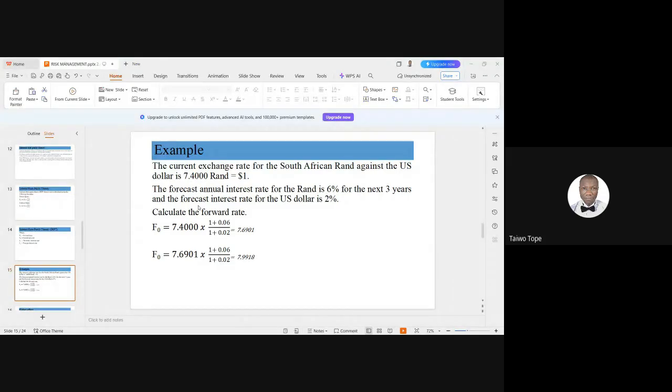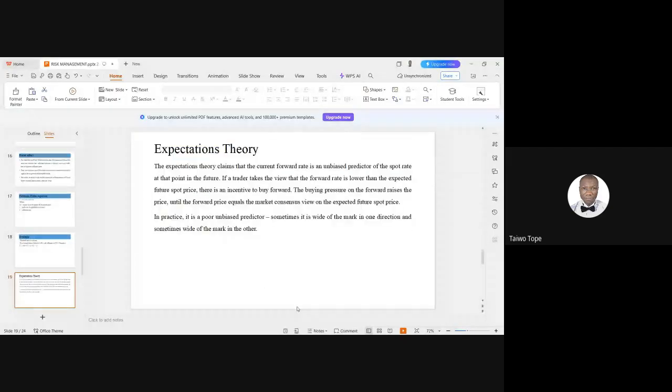So the external hedging techniques include forward contracts, money market hedges, future contracts, options, and swaps. When we talk about forward contracts, let me see if I have it here.